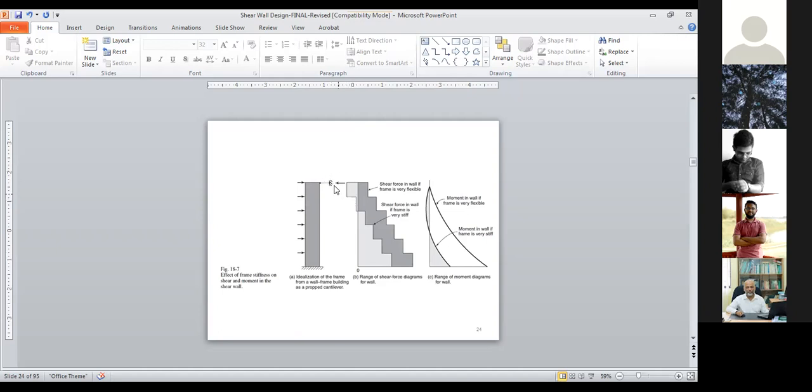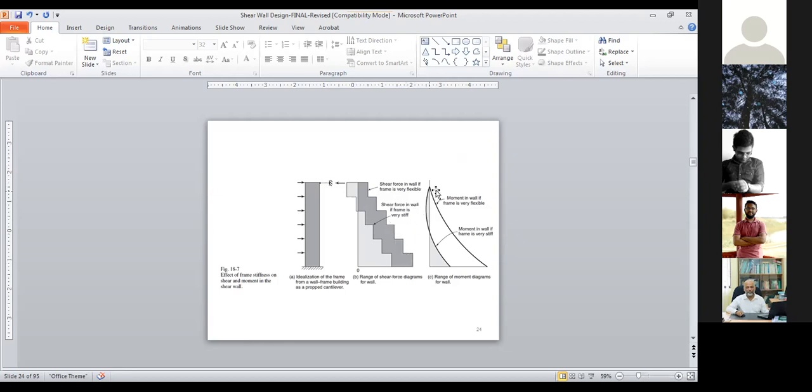You can see that at the top, the frame will resist the flexural deflection of the shear wall system, and finally your shear force will follow this diagram. And if you have a very flexible frame system, then you can have normal shear distribution like that.